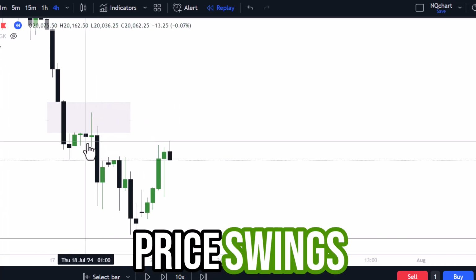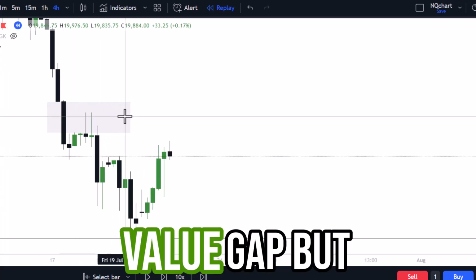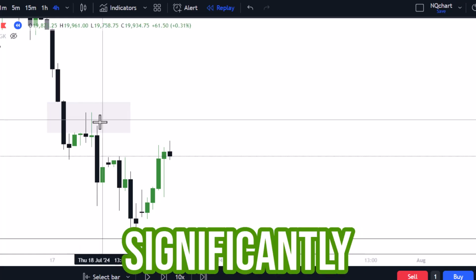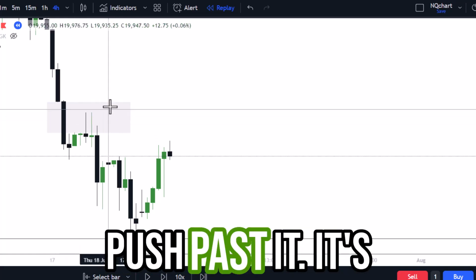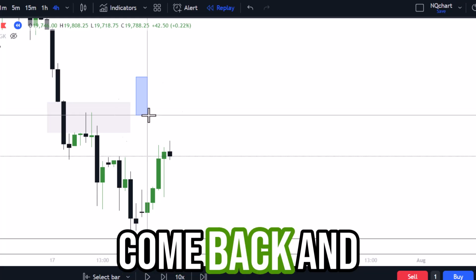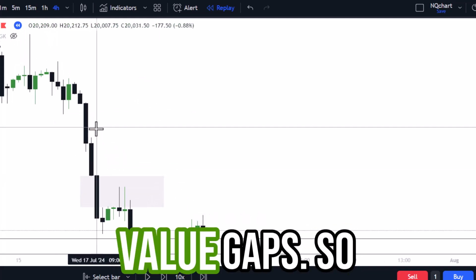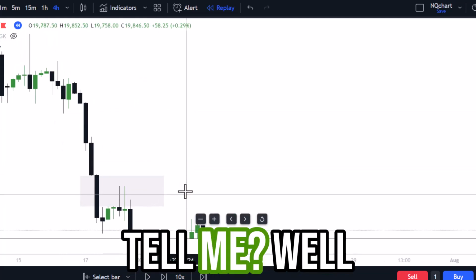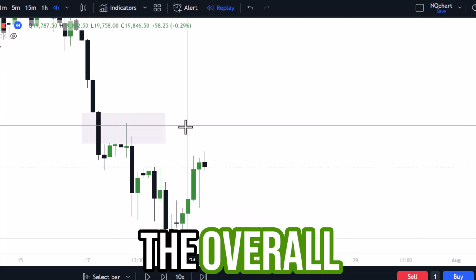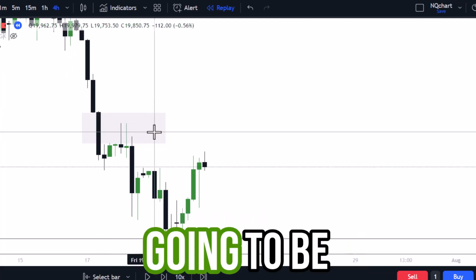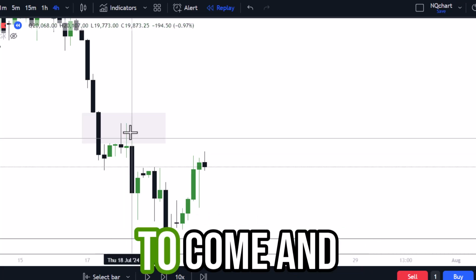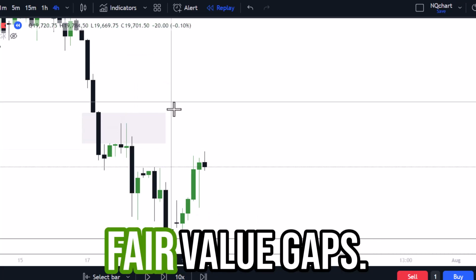Notice price swings into this fair value gap, but it's not able to significantly push past it. It's not able to come back and push and take out these fair value gaps. So what does that tell me? Well, it tells me that the overall draw on liquidity is still going to be downwards. We're not ready to come and take out these fair value gaps.